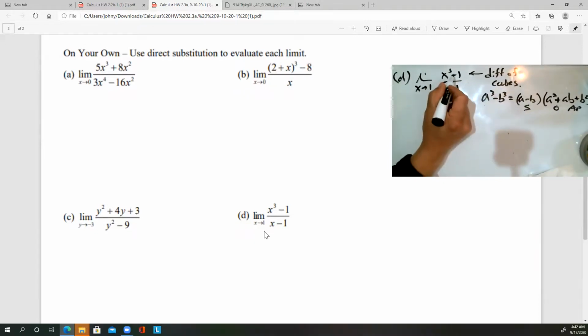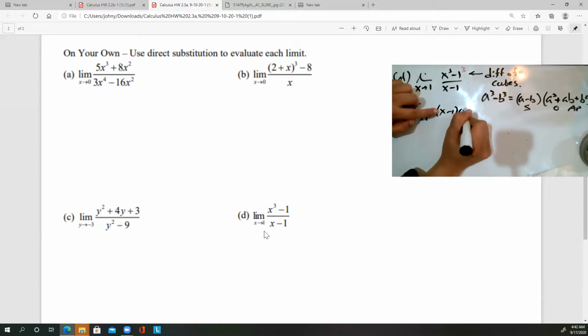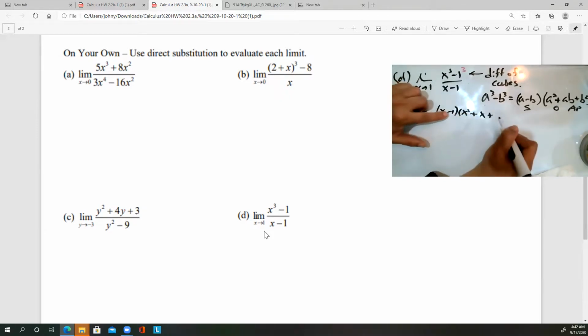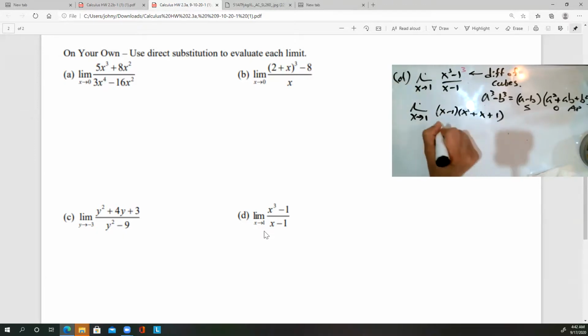So, isn't this the same thing as x cubed minus 1 cubed? That's the same thing as x cubed minus 1, right? So using this formula, I'm going to go pretty fast on you guys, so pay attention. X minus 1 times square this one, which is going to be x squared. Change the sign, it's going to be plus. 1 times x is going to be x. Always positive. 1 squared is going to be 1.